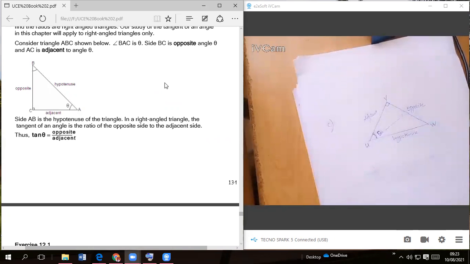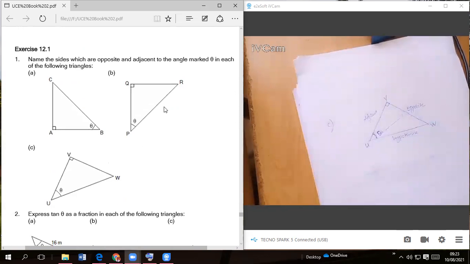Okay, so let us go back to our exercise, and I'm going to ask each individual. I'm going to start with Sherry. Sherry, your microphone is not working, but at least you can chat with us and give us the answer. I'll be able to see it. So Sherry, on part B, this is where the angle theta is at P. Which side is opposite?